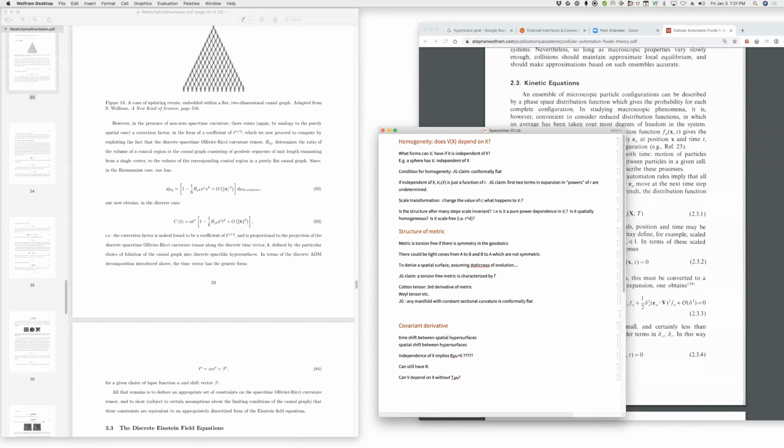So in the causal graph case, as you say, you have these two space-time cones, and they're nearby, and we're interested in this quantity that is the volume of the cone as a function of the number of hypersurfaces that it intersects.